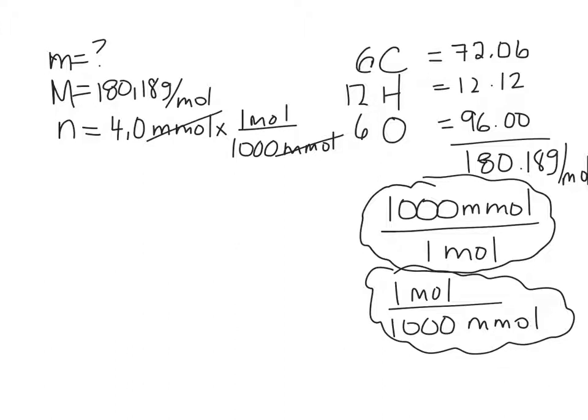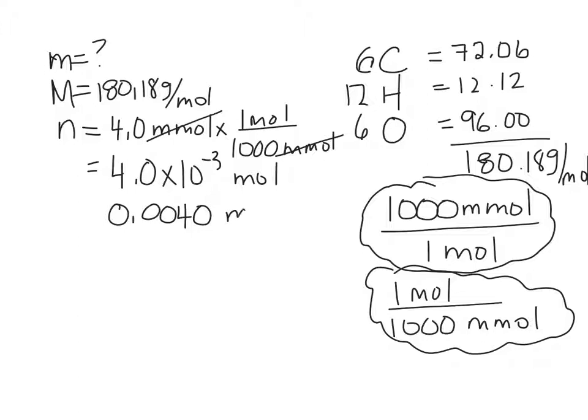4 times 10 to the power of -3. So you could write 4.0 times 10 to the -3, or you can write it out with decimals, 0.0040 moles.